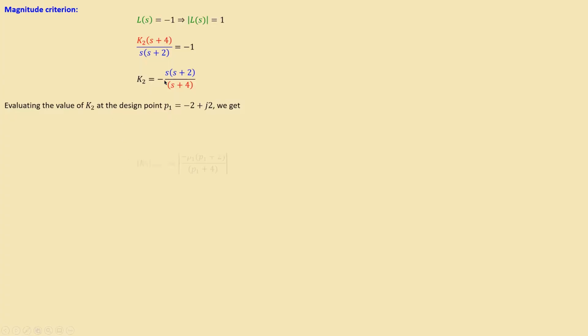It means the following. For each place I see an S, I just substitute P1, P1, and P1. It's that simple. Then I will get the following. I will substitute -2 plus j2, here -2 plus j2, etc., also in the denominator. Now if you simplify this and take the magnitude, you will have the following expression.